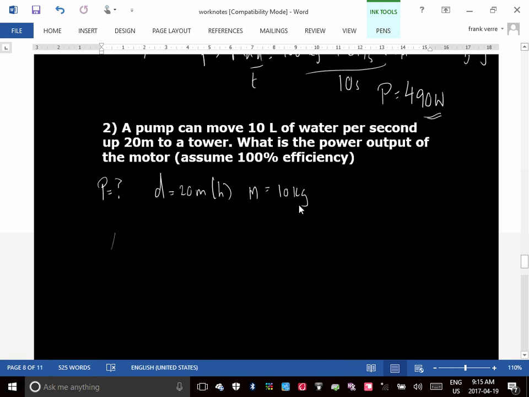It says for every second, it can move 10 liters of water up a height of 20 meters, so the time is 1 second. We have to assume that it's moving up at a constant rate, so we also have the acceleration up. We can use the same equation we used before: power is MAD over time.